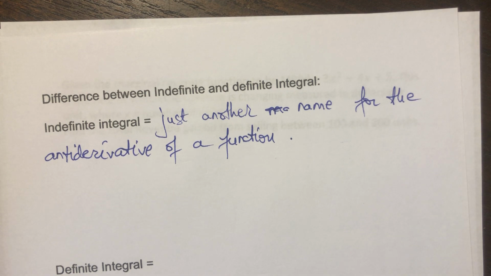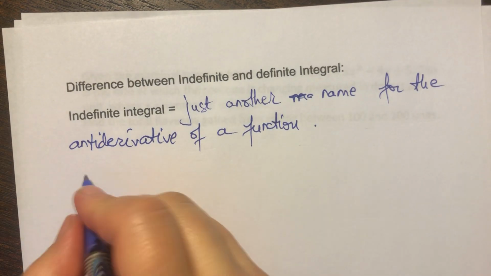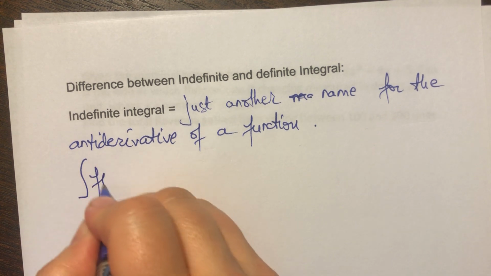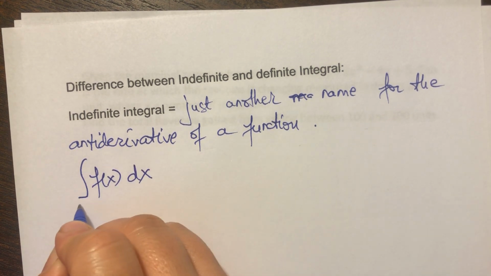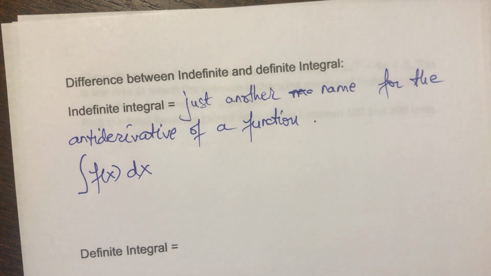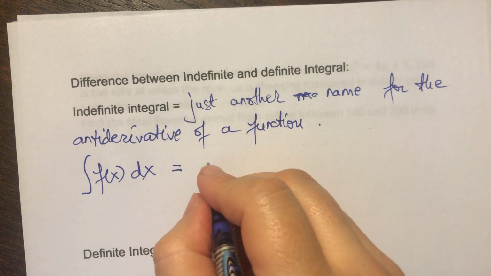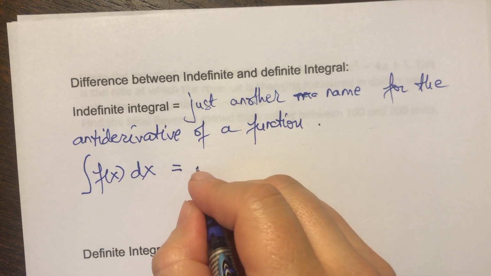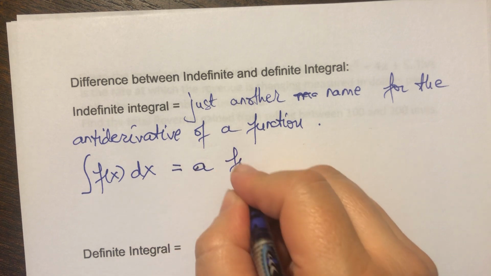Okay, so when we evaluate it, what do we get? We're not going to have limits of integration, right? This is an antiderivative. It doesn't have the limits of integration, just has these symbols, yes? So what does that give us? It gives us an expression, right? It equals to a function.